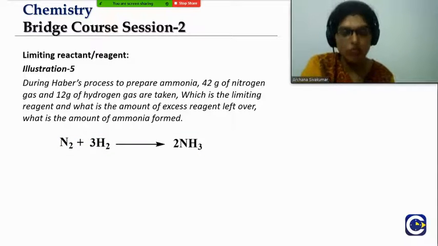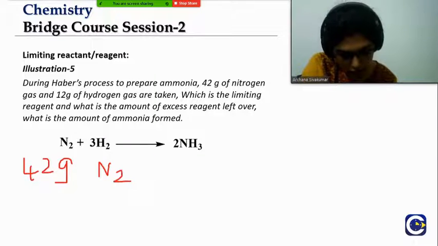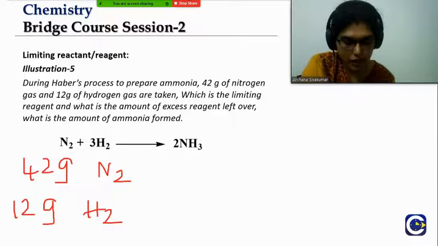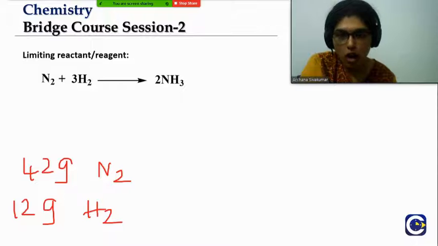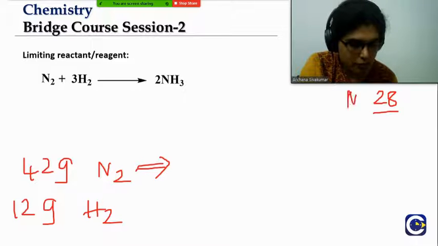First we have to write out what is given. 42 grams of nitrogen and 12 grams of hydrogen are given in this reaction, and we have to find out what is remaining. To convert these, the molar mass of nitrogen is 28, and for hydrogen it is 2.